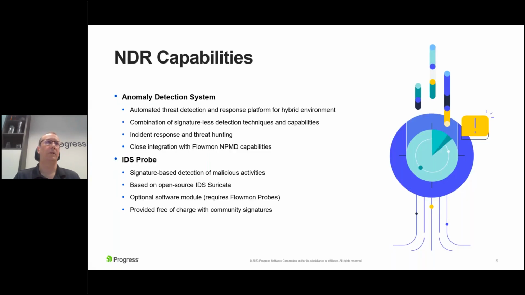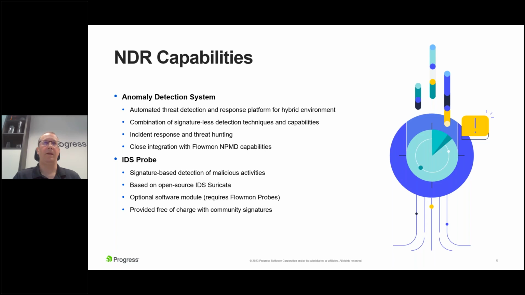In terms of Flowmon, our NDR capabilities are based on Flowmon Anomaly Detection System. It's our NDR platform that is built on top of our network performance monitoring capabilities.